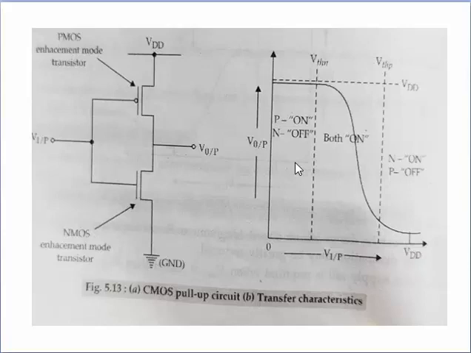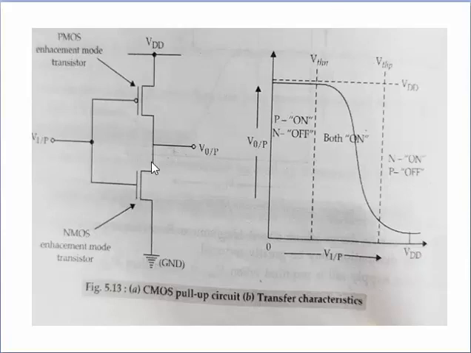Whenever we give the input V input as 0 or low level, it presents a maximum value, meaning output as 1. And when the input is 1 or high level, it presents a minimum value, meaning output as 0.